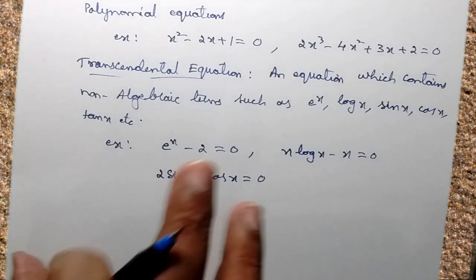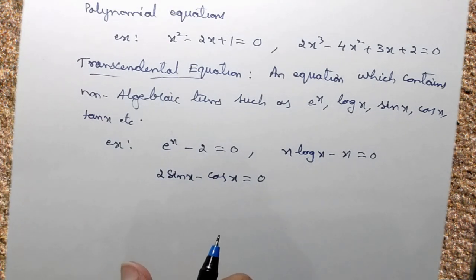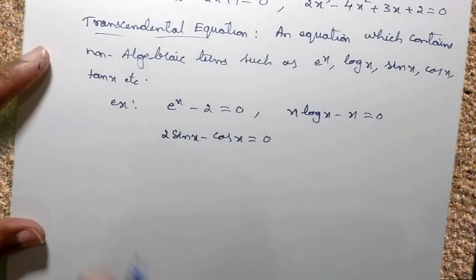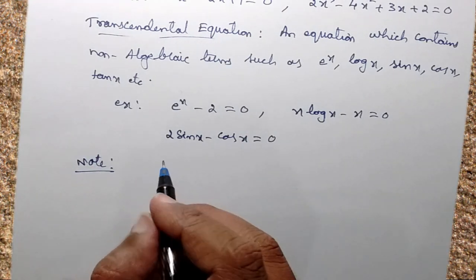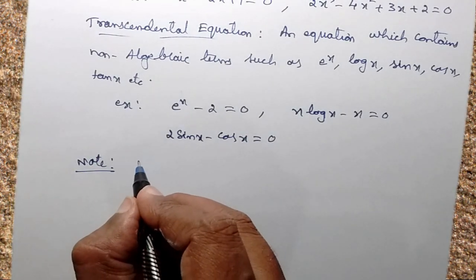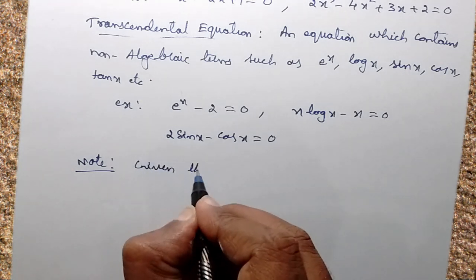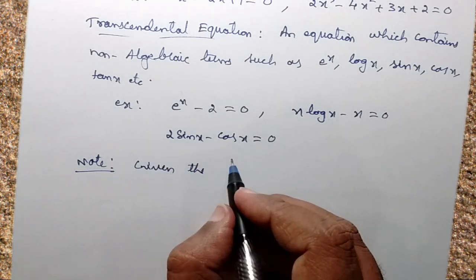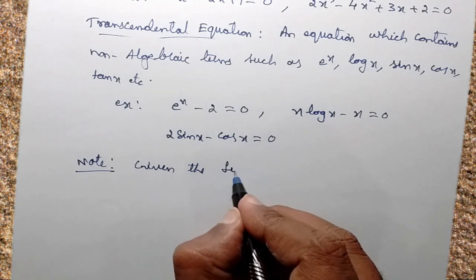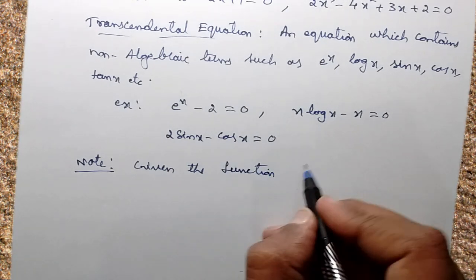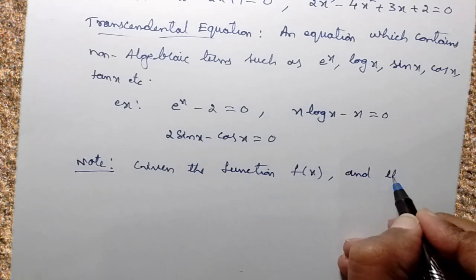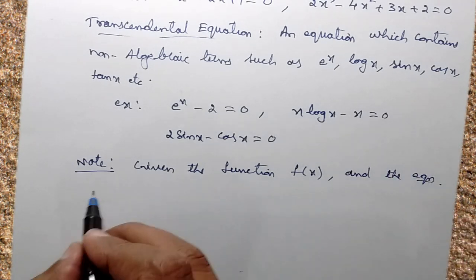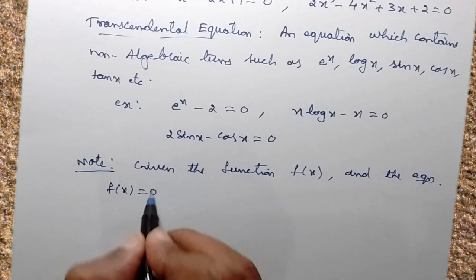Suppose you want to find the roots of this type of equation, how do you find them? One result you have to remember. Suppose I take a function, given the function f of x and the equation f of x equals 0.